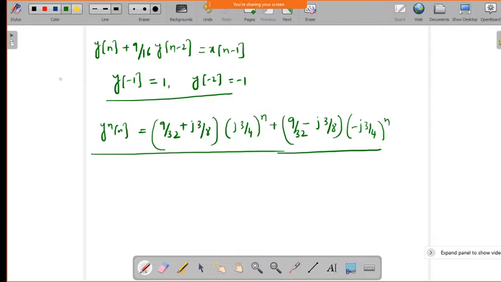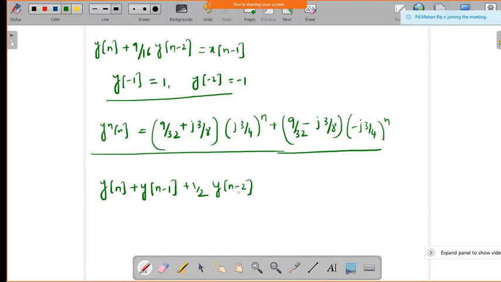So now take another problem and find the natural response. y of n plus y of n minus 1 plus half into y of n minus 2 is equal to 0.